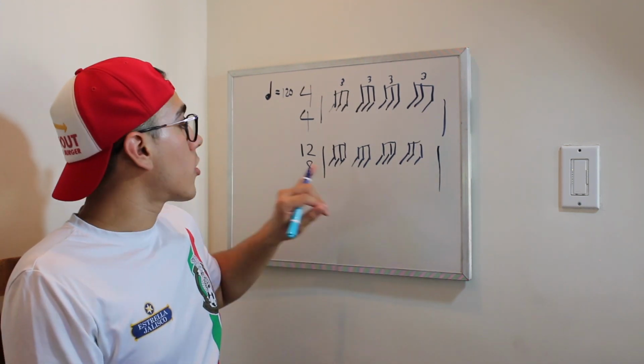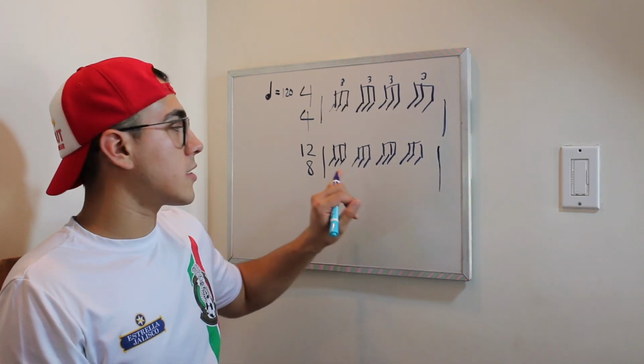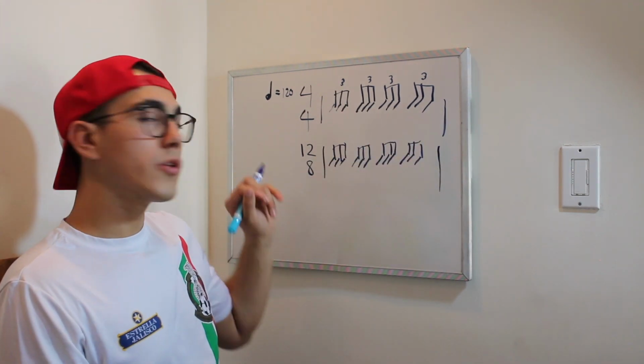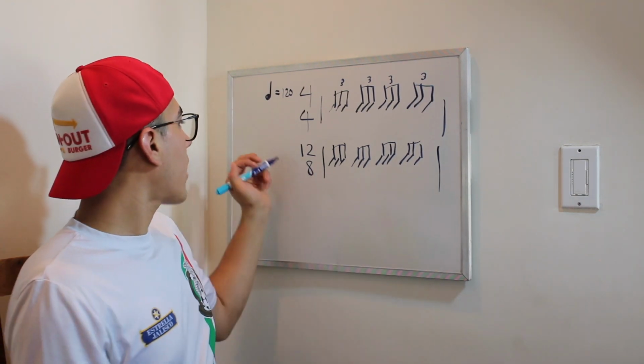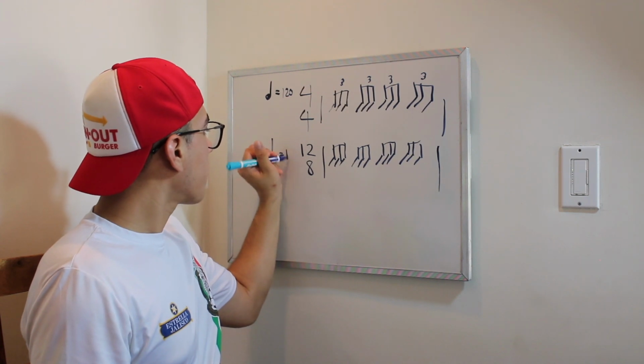However, what we define as a quarter note here is going to sound and feel very different from what we feel as the quarter note at the top. Which is why, if we still want to have the quarter note feel for the bottom part, we have to define the dotted quarter note to be the metronome beat.